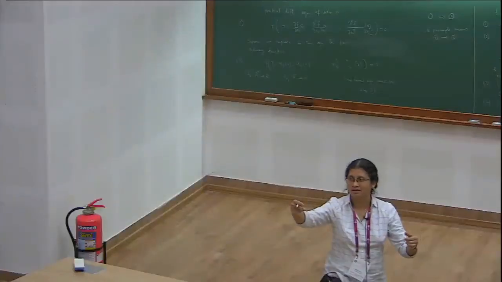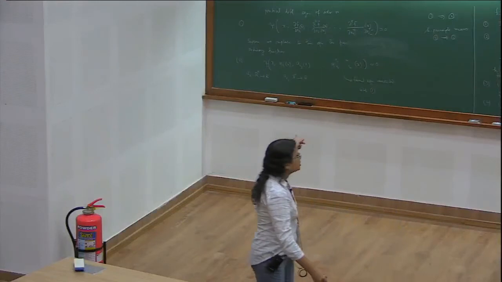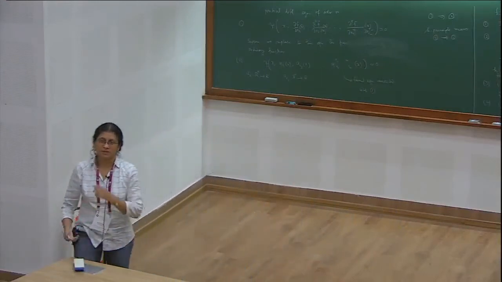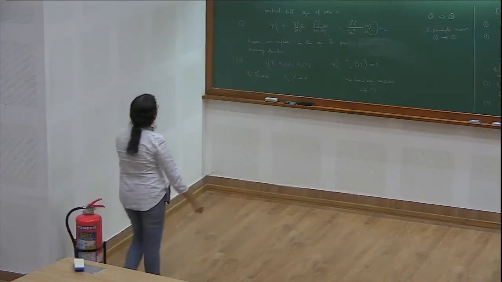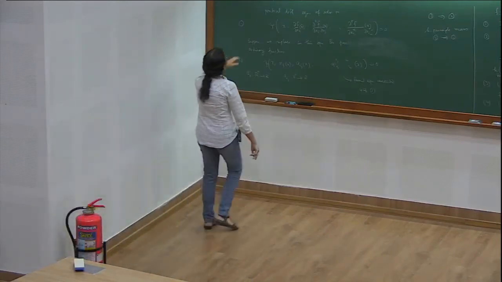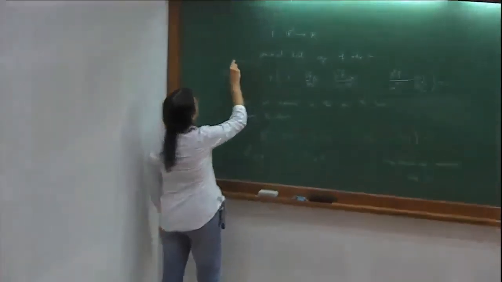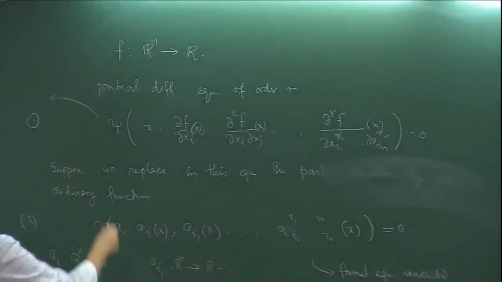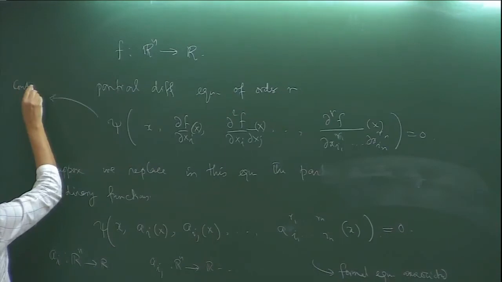Yes, a solution may not exist in that case. Even a formal solution will not exist. If something is disconnected like this, then this formal equation will also not have any solution, so that question will not even appear. Okay? So here I mean that psi is at least a continuous function. So basically our maps will have very nice regularity. So this is a continuous function.